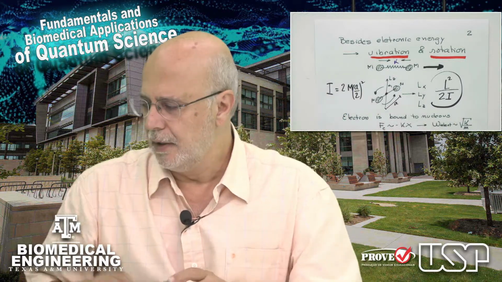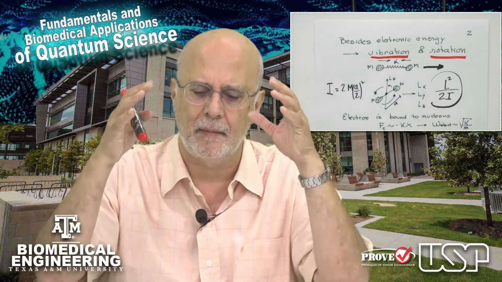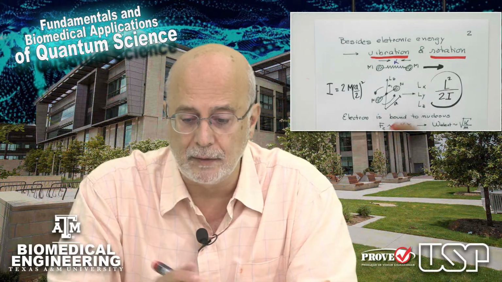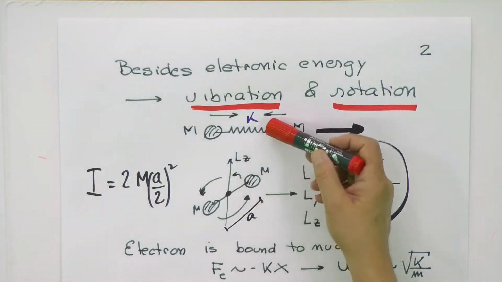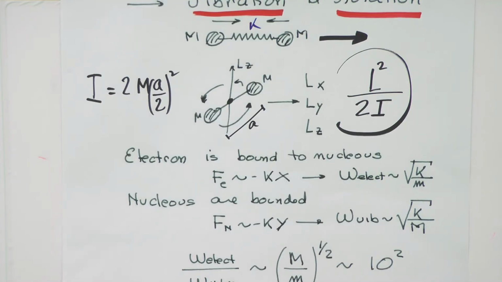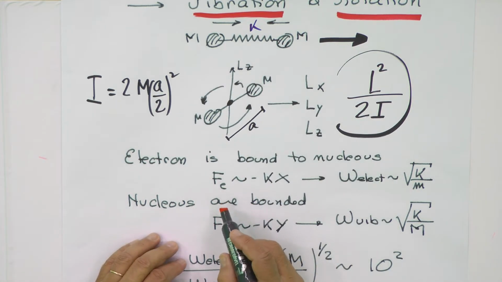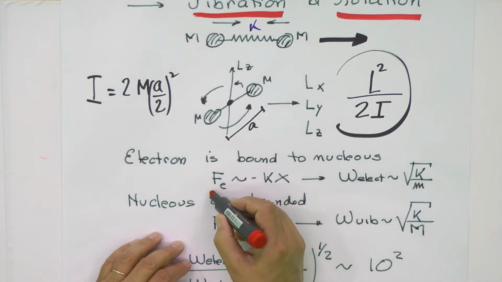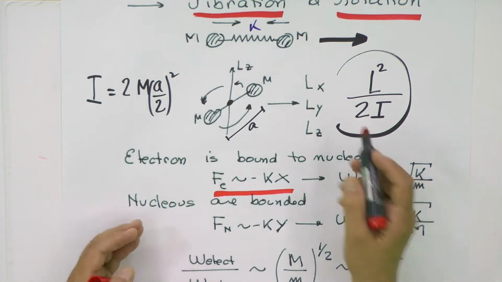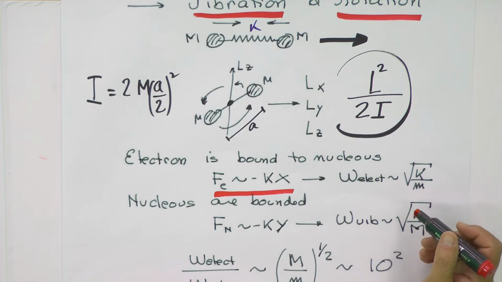Okay, so now we know that the electron itself has some energy, and we just saw that it was on the order of 10 electron volts. Now we want to know the value of those energies. And to do that, we say this is like a harmonic oscillator, right? This harmonic oscillator keeps the electron bound to the nucleus with the same constant which keeps the two nuclei together.